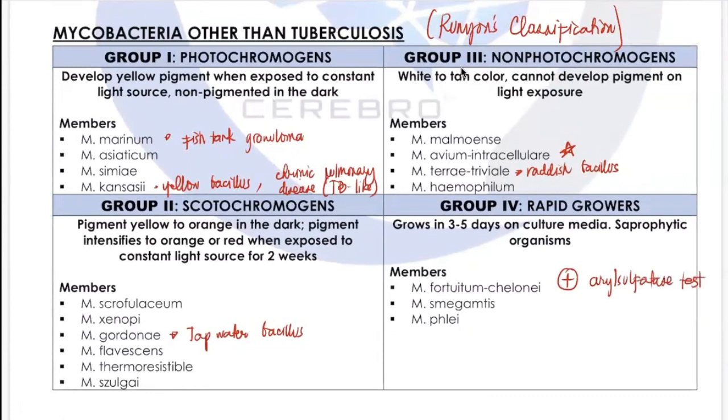Then Smegmatis, of course, is what we call the urine acid-fast bacillus. And take note that Mycobacterium flavescens has a CO2 requirement. That would mean Mycobacterium flavescens is a capnophilic mycobacteria.